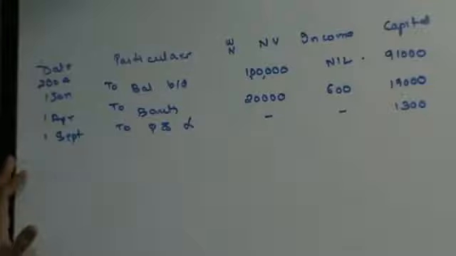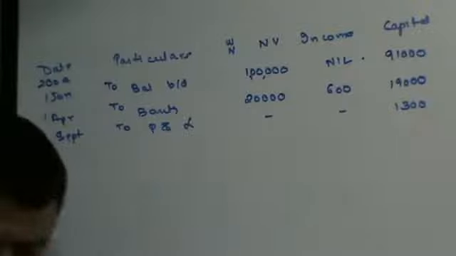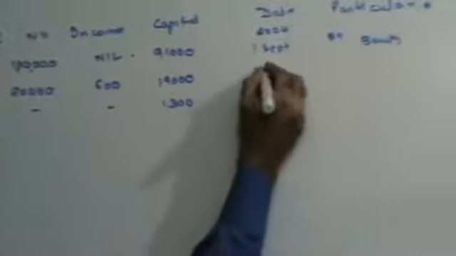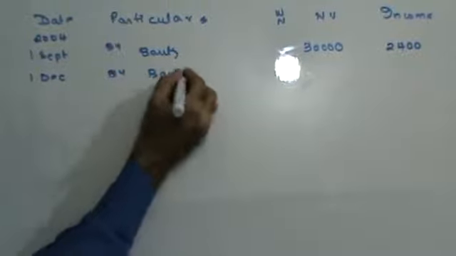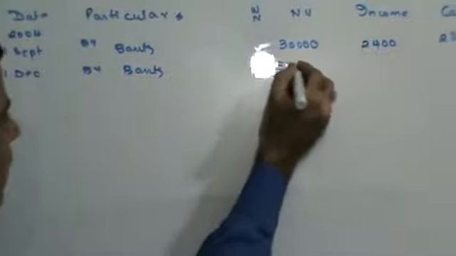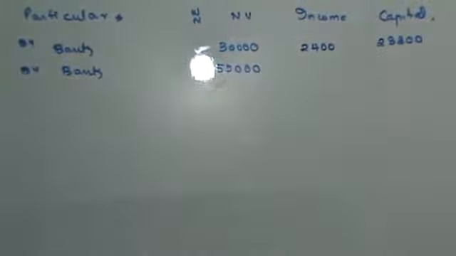On 1st December, 50,000 such debentures were sold at 99 cum interest. Sold: debit what comes in, credit what goes out. On 1st December you sold them by bank. You have sold 50,000 worth debentures. Let's find out the interest on this.